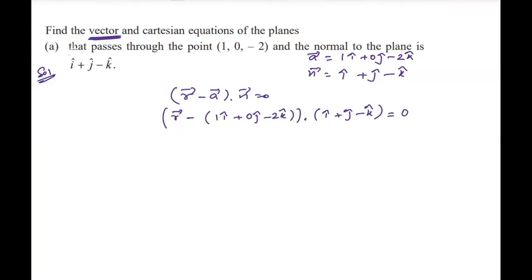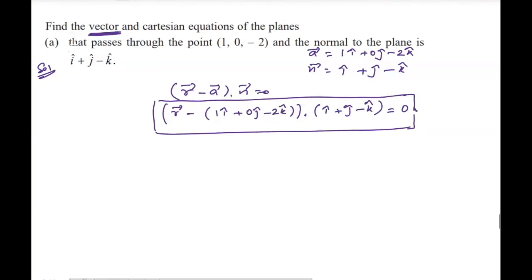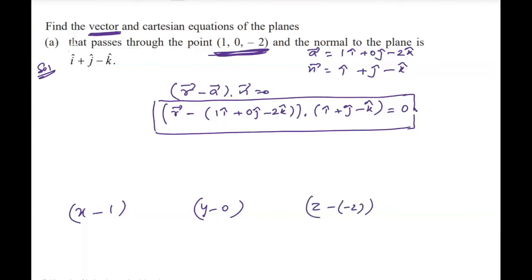So this will be the vector equation of the plane. If you have to find the Cartesian equation, it's very simple. You can directly write x minus 1, then y minus 0, then the third coordinate is z minus, this will be minus 2. Now we take a, b, c, which are the DRs of this normal vector, 1, 1, minus 1. Just add them, equal to 0.